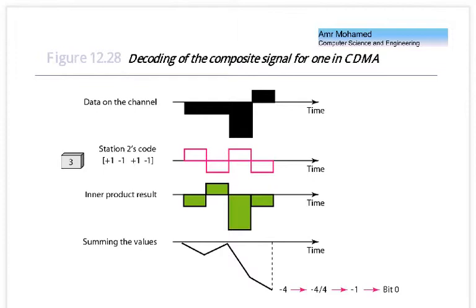Okay? Remember that station 2 has sent what? 0 or 1? 0. Station 2 has originally sent binary 0, which is minus 1. So simply node 3 will multiply the code for station 2 by the composite signal. It will get this result.